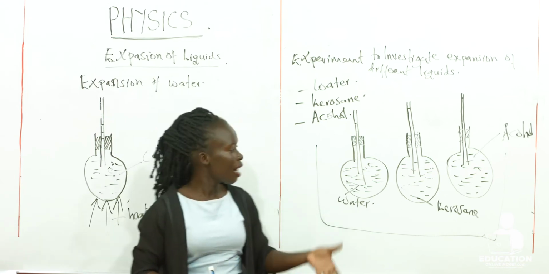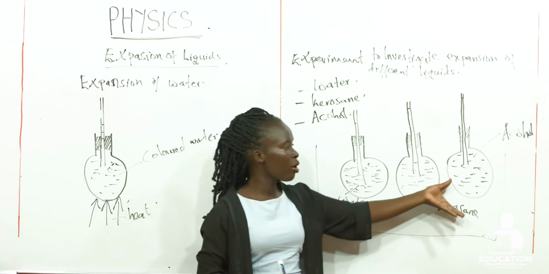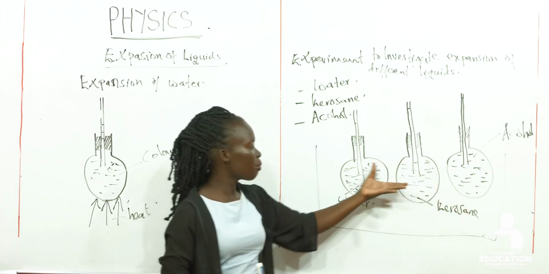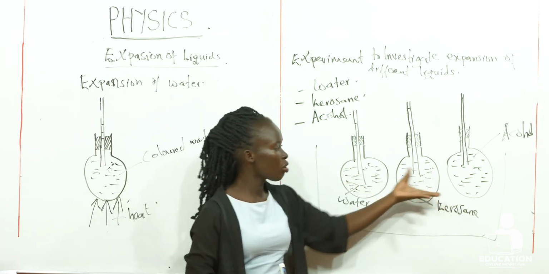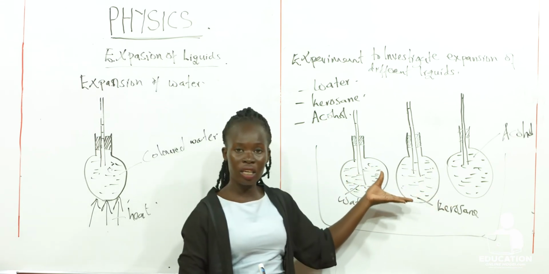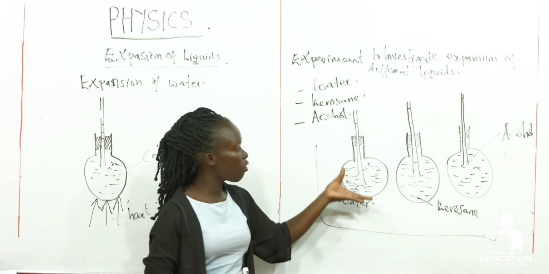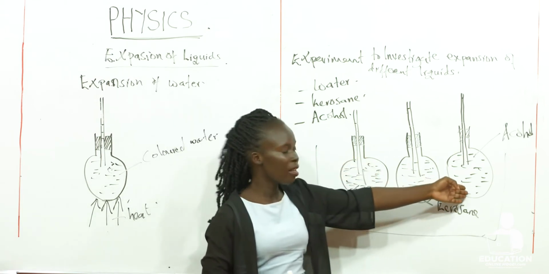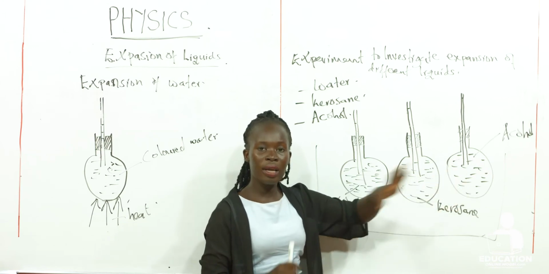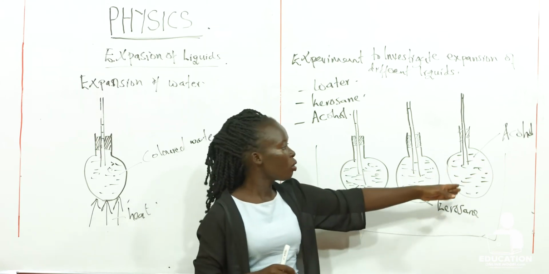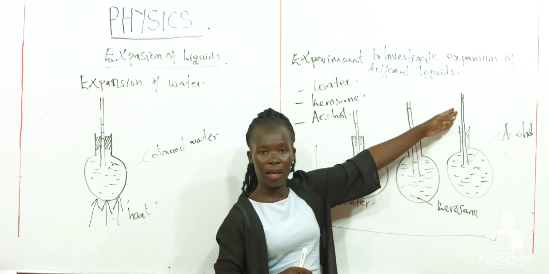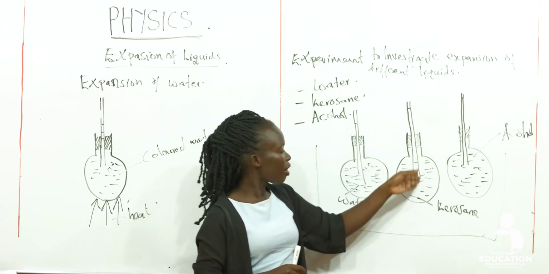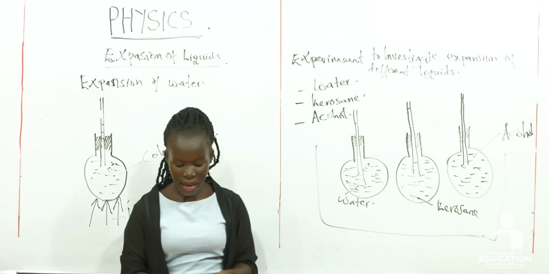So the structure of their molecules is not the same. The structures of these molecules are actually not the same. One is more squeezed than the alcohol. So when it is expanding, the alcohol will increase in volume faster than the kerosene and the water.